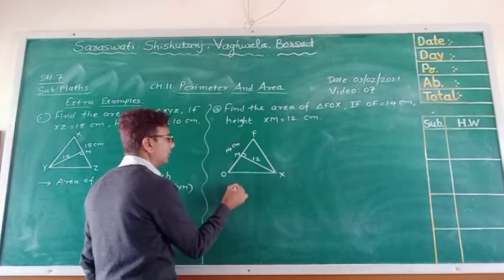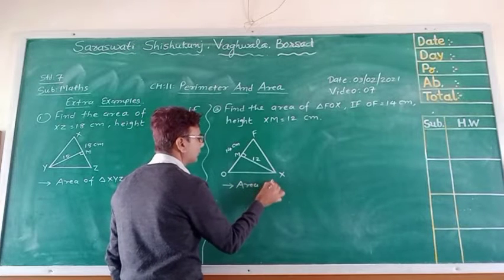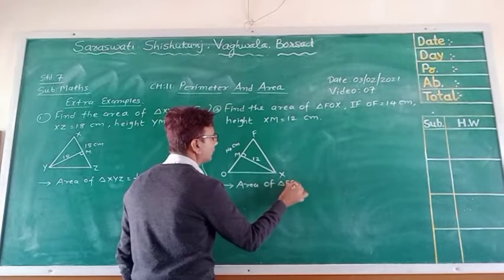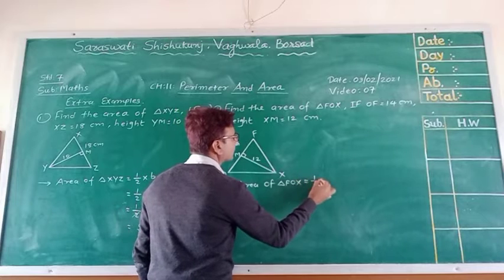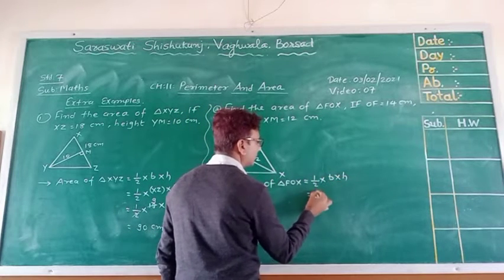So simple, area of triangle FOX equals 1/2 base into height.